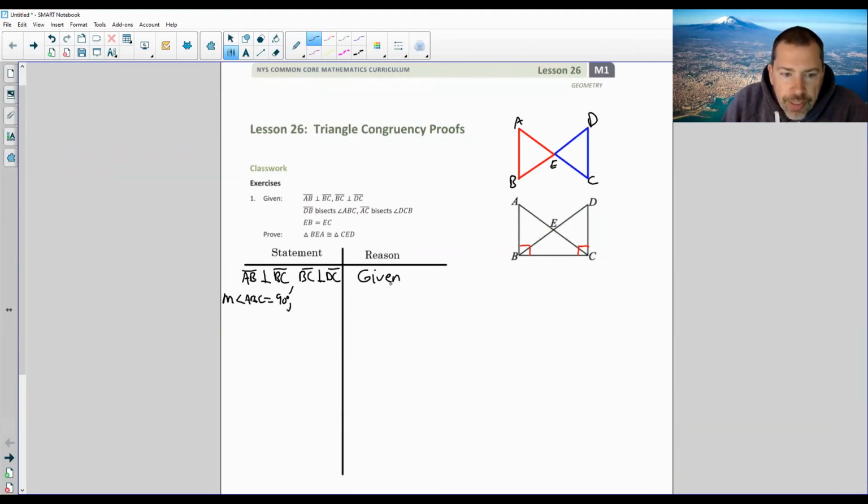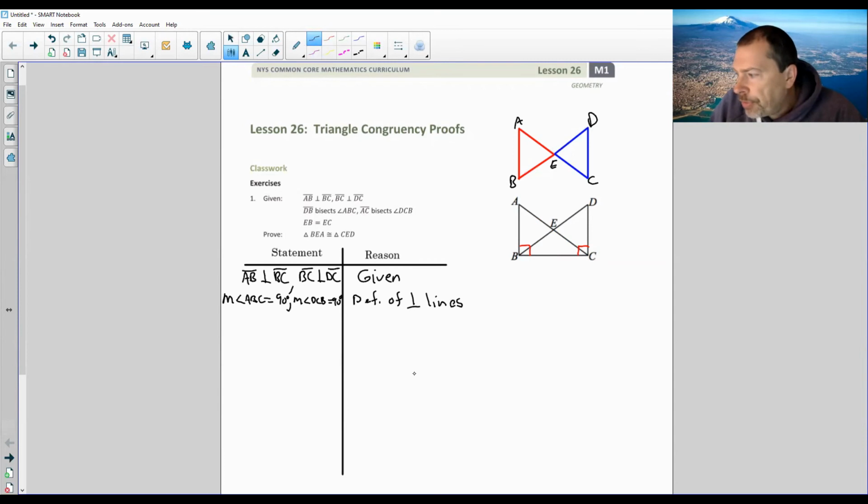I can also say that the measure of angle DCB is 90 degrees. And the reason is definition of perpendicular lines.